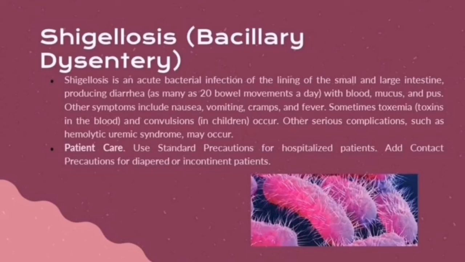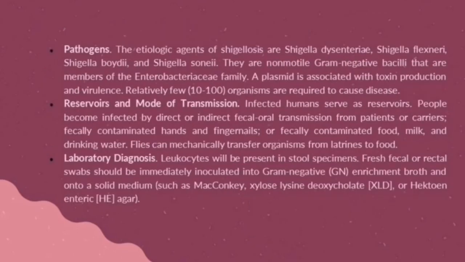Patient care. Use standard precautions for hospitalized patients. Add contact precautions for diapered or incontinent patients. Pathogens. The etiologic agents of shigellosis are Shigella dysenteriae, Shigella flexneri, Shigella boydii, and Shigella sonnei.